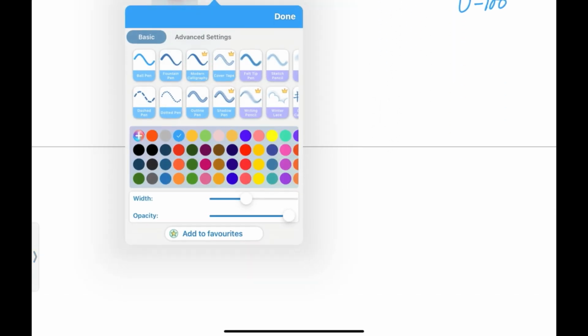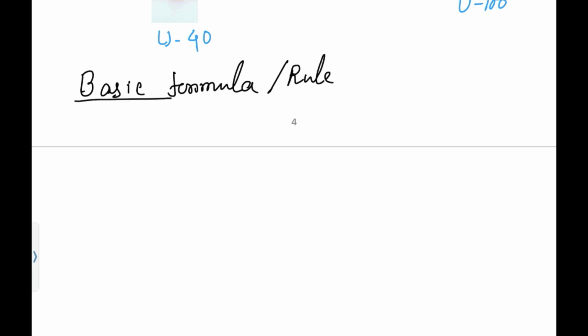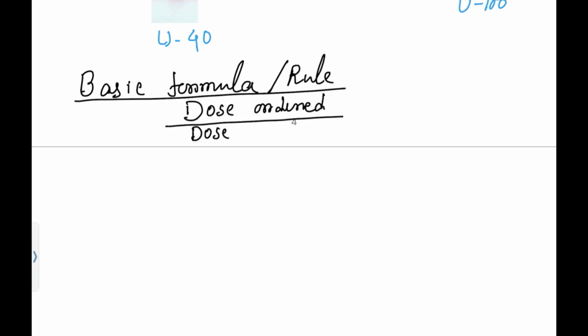Okay, so the basic formula of calculating this insulin dose is the universal rule: dose order, which we discussed in the previous class, dose order or doctor's order, divided by dose in hand.